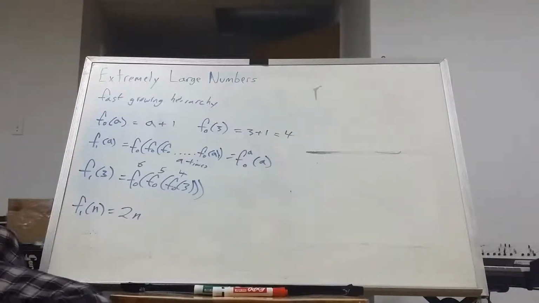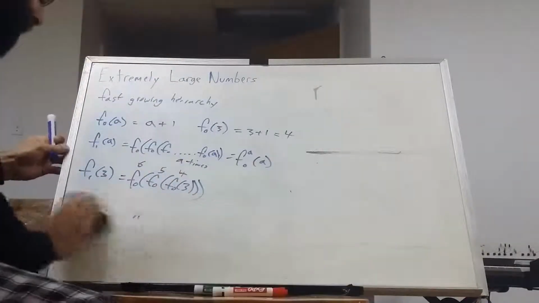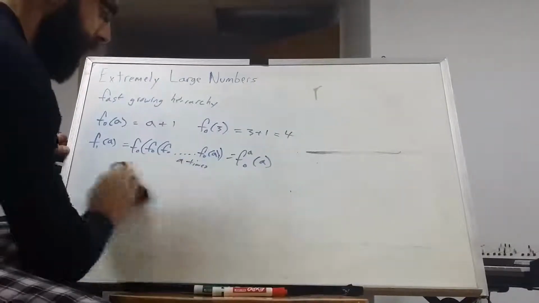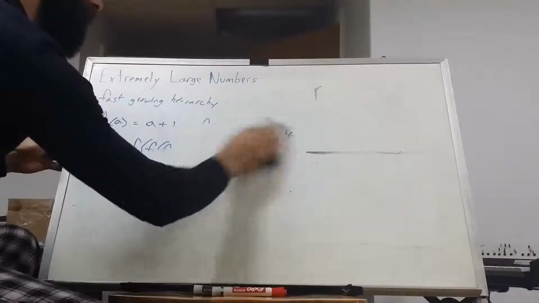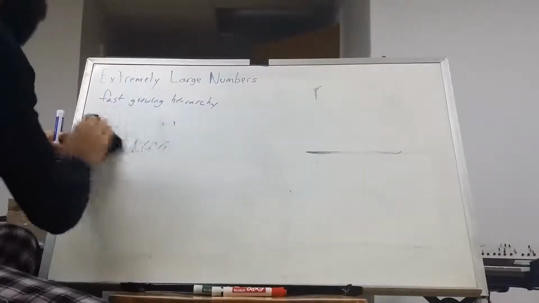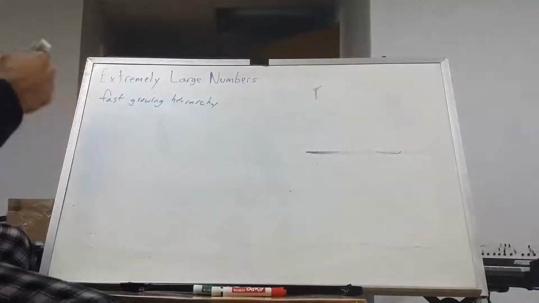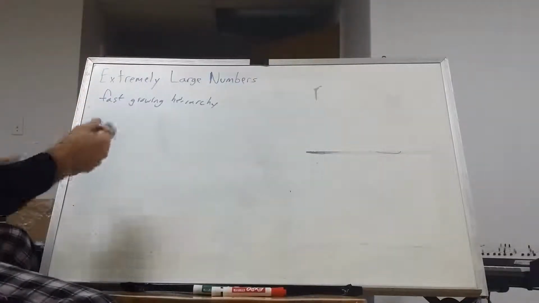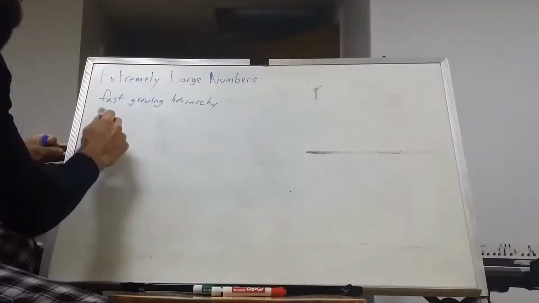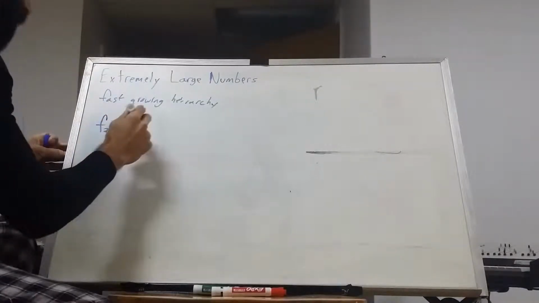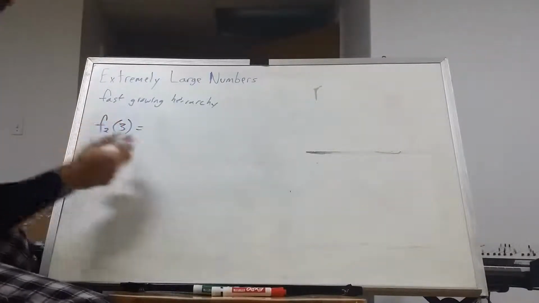So let's move on to the f2 function. So f2 of a is going to be the same thing as before. We're going to take that many copies of the function into the previous function. So we'll do an actual example. So f2 of 3, we're going to take 3 copies of the previous f function.